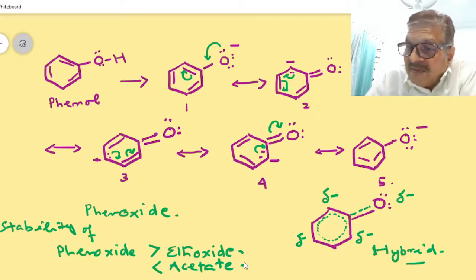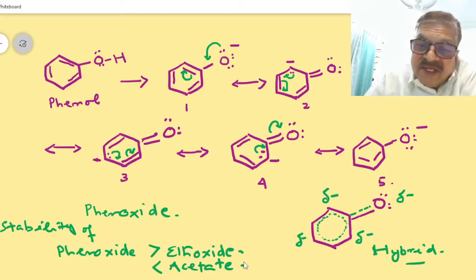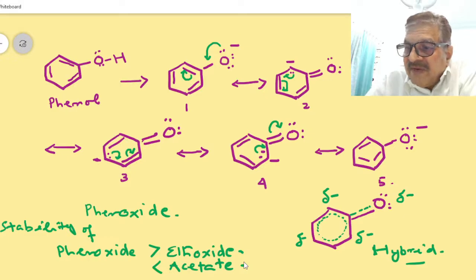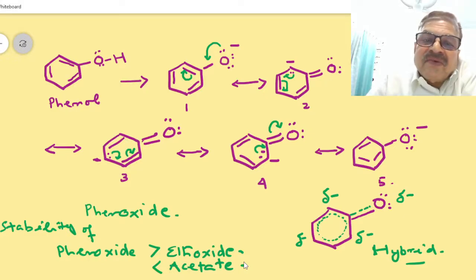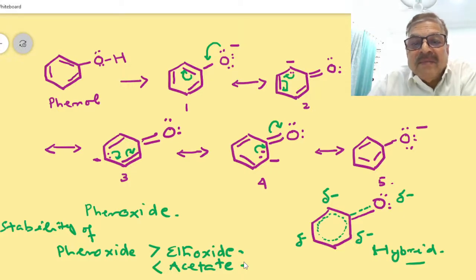Therefore structures 2, 3 and 4 are less stable than structures 1 and 5, which have the negative charge on oxygen. Oxygen is more electronegative compared to carbon, so a negative charge on the carbon atom makes the structure unstable. Therefore in the resonance hybrid, structures 2, 3 and 4 are minor contributors.